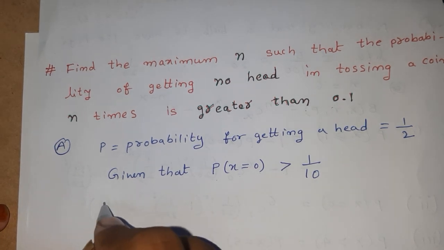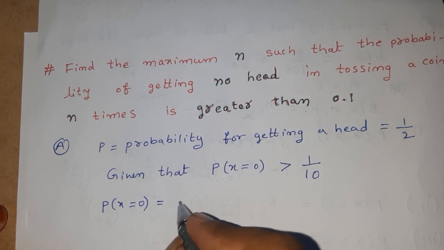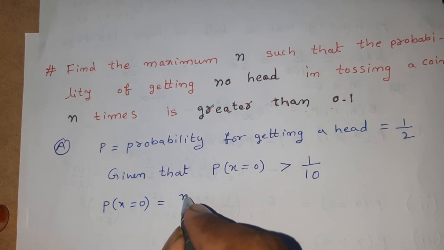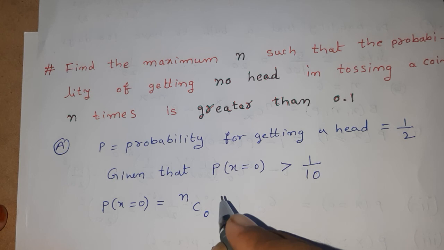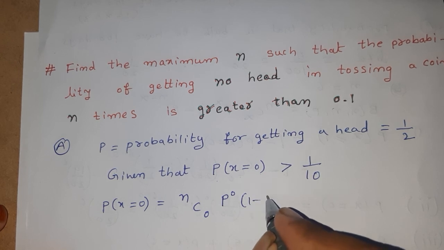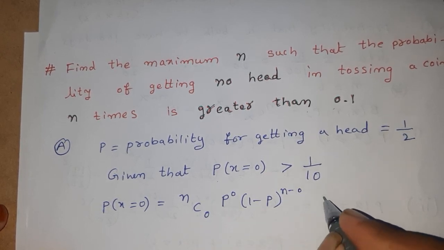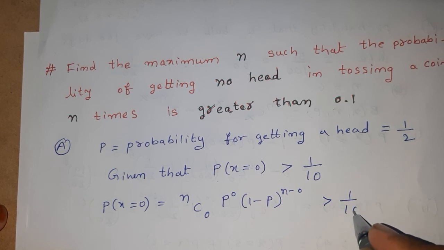Therefore, for P of x equal to 0, as per the binomial distribution, we have nC0 times p^0 times (1-p)^(n-0) greater than 1 by 10.